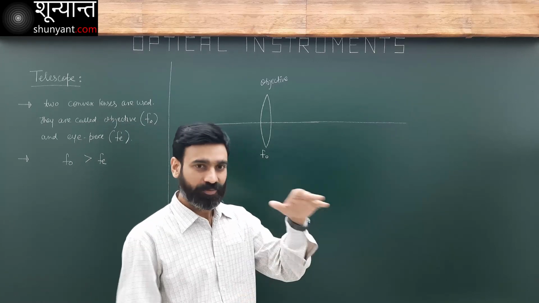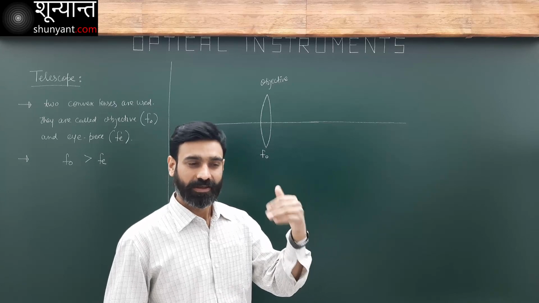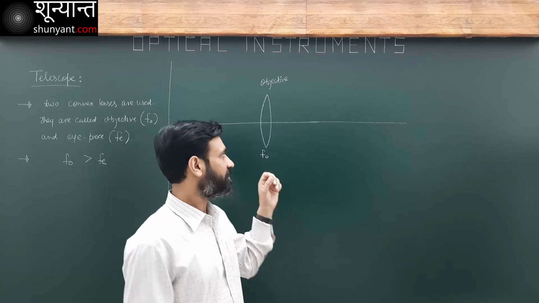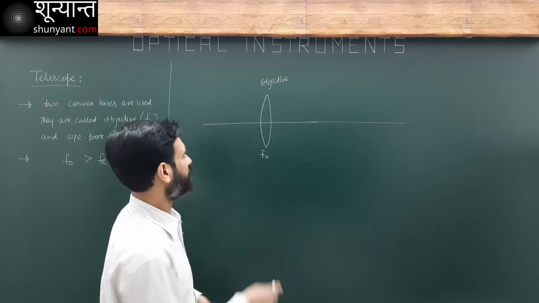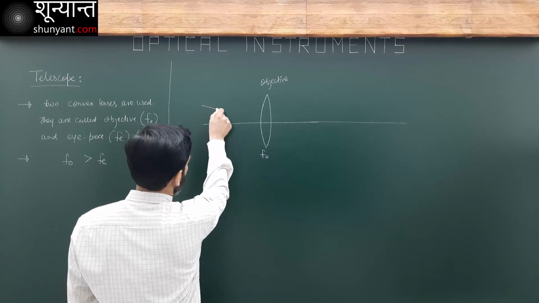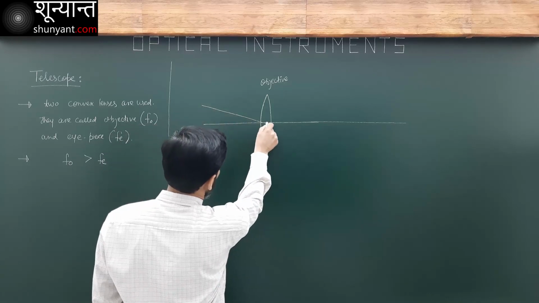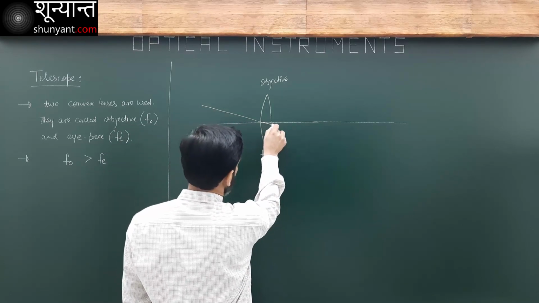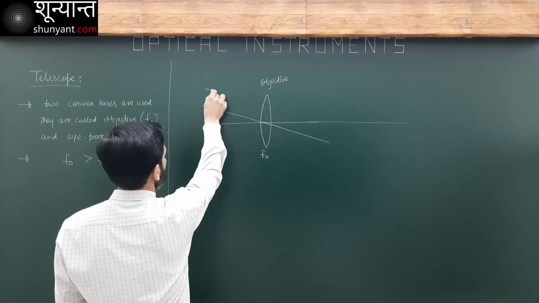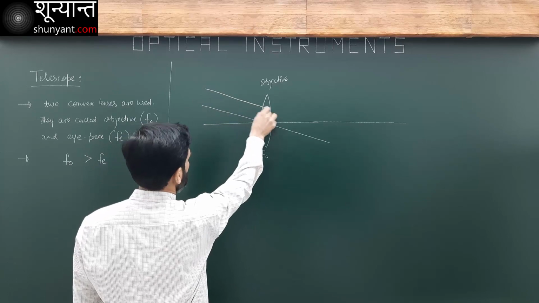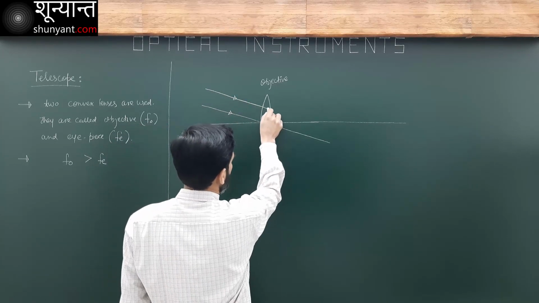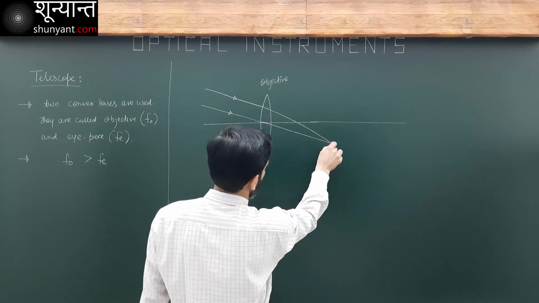If I have an extended object like the moon or any star, the image is going to be in the focal plane. These are my light rays coming from infinity, a very large distance. That's how the light rays arrive. They are parallel like this, and after refraction they meet here.